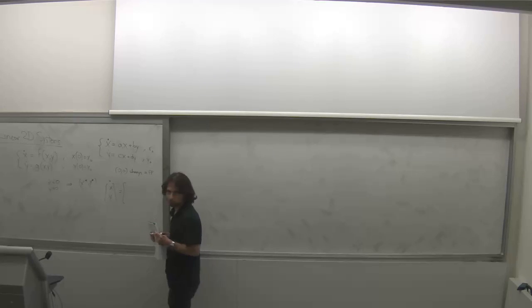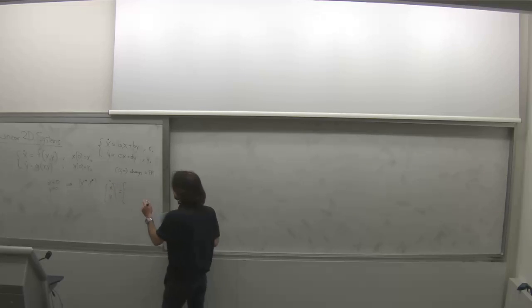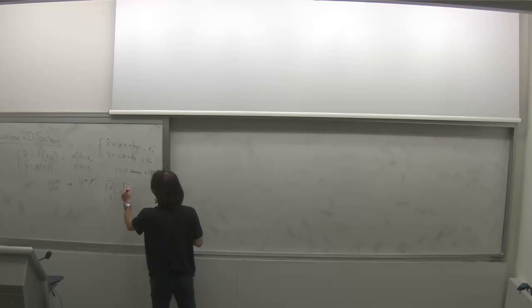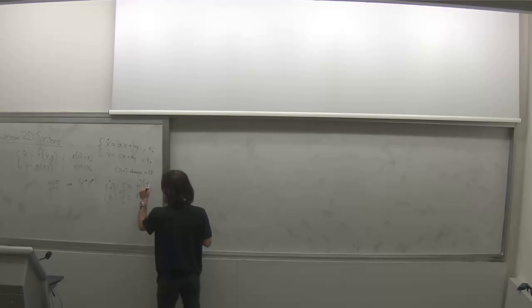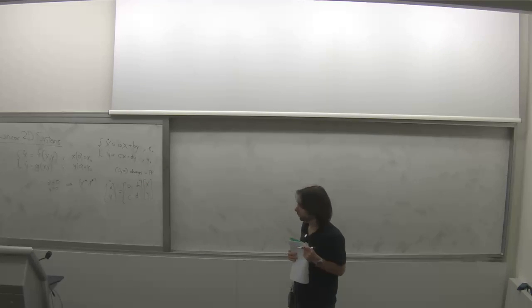This is a vector (x, y) with a dot over it, which means that both its components are differentiated with respect to time. Then I put my parameters inside a matrix that multiplies from the left the vector that describes my system.